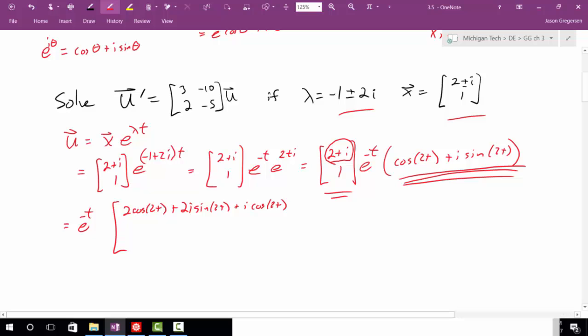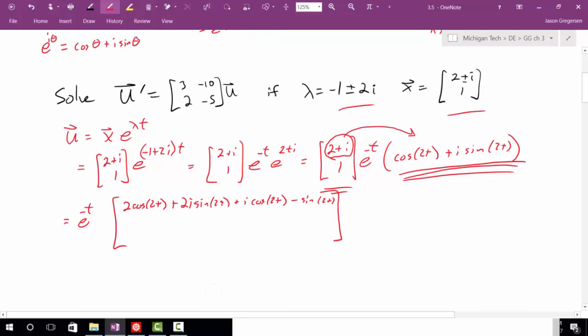Negative 1. So this is basically minus sine of 2t. That's just 2 plus i times all that junk. And I take 1 times all that junk. That's much easier. I got cosine of 2t plus i sine of 2t.